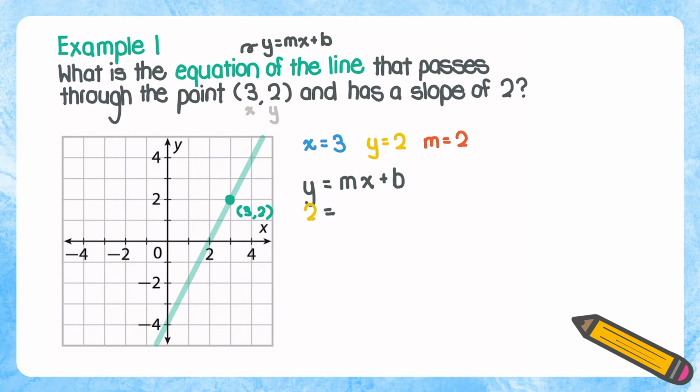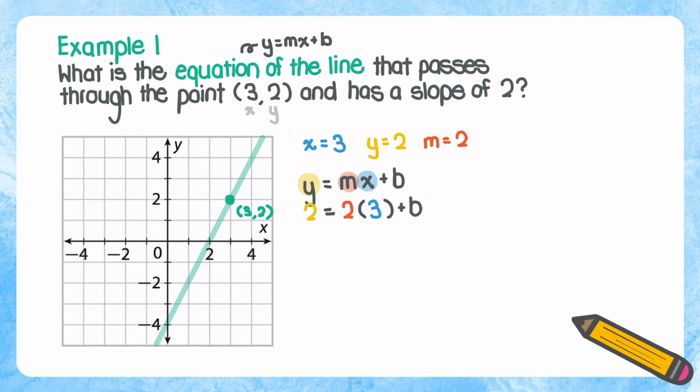So 2 equals, m equals 2 as well, so right here I have 2 times 3, because that's our x value, and then plus b, because we don't know what b is. So I replaced y, m, and x with their corresponding values.